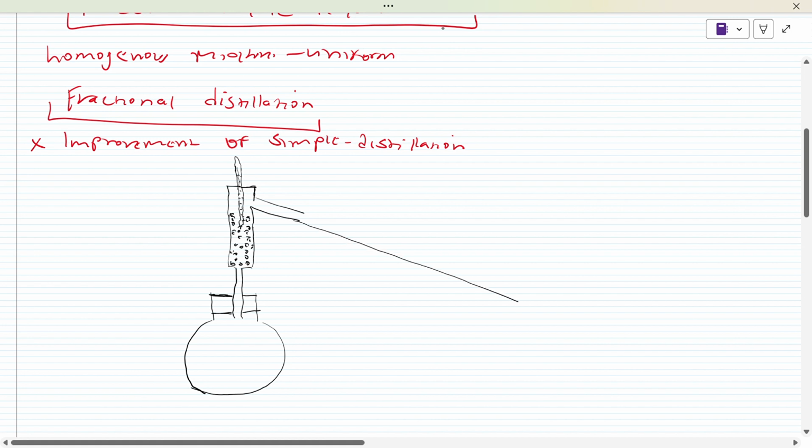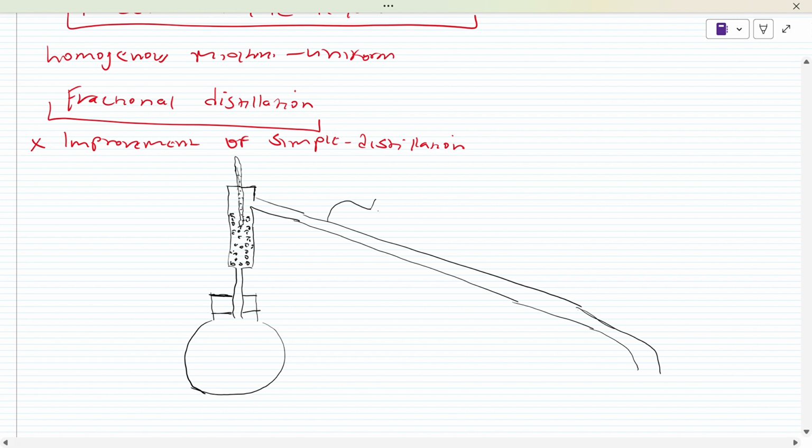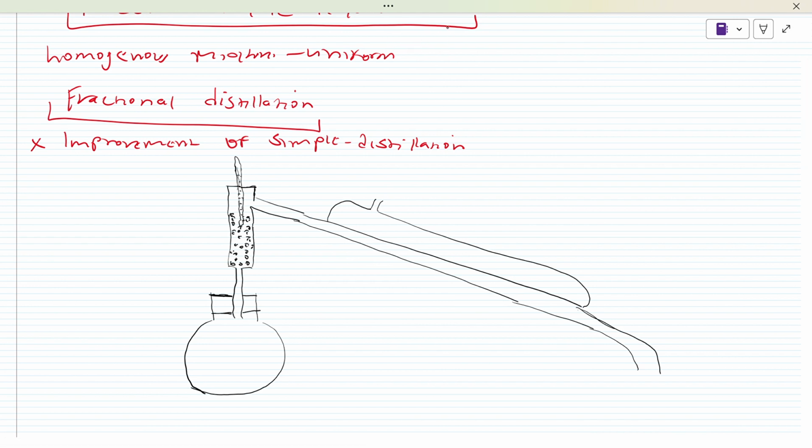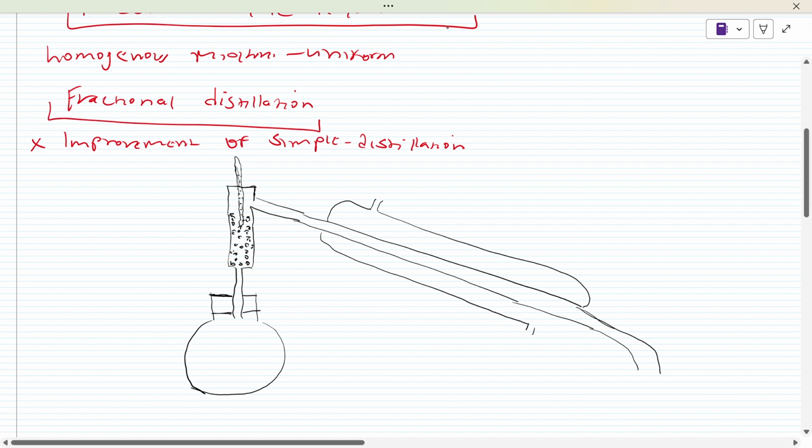Supposed to proceed all the way down like that. Then I'm going to have this, meaning I'm supposed to be joining it with a condenser. Sorry, I'm now sketching it well. I'm artistically challenged in drawings, so you'll bear with me.